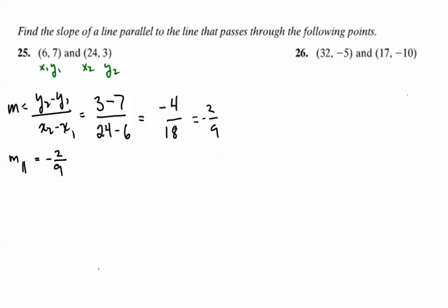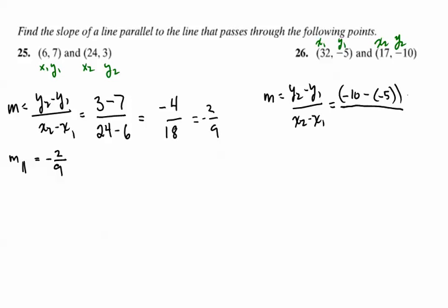Go on to the next example. M is equal to y2 minus y1 over x2 minus x1. And we'll label our points x1, y1, x2, y2. And plugging in, we get negative 10 minus negative 5. Put it all in parentheses if you want to do this on your calculator.